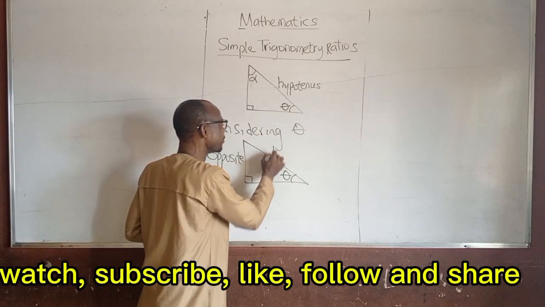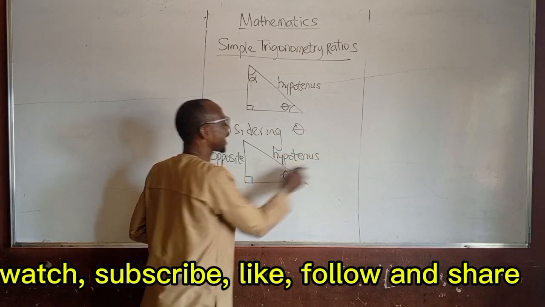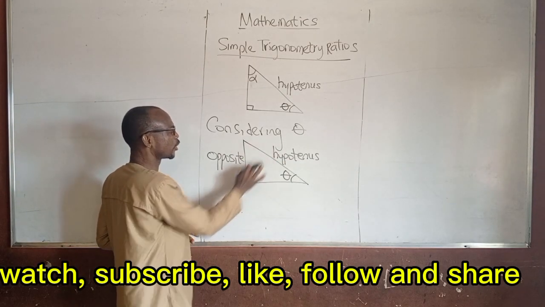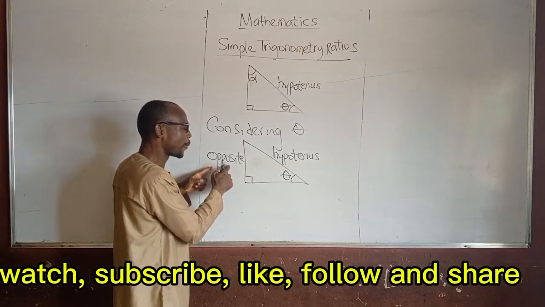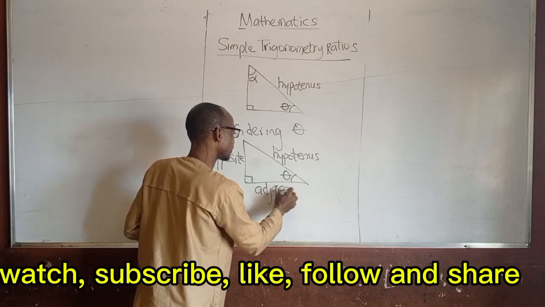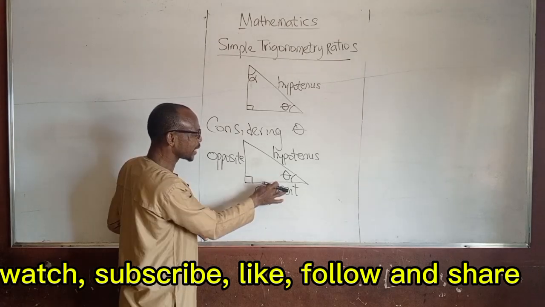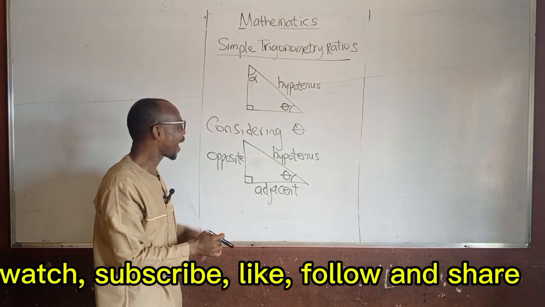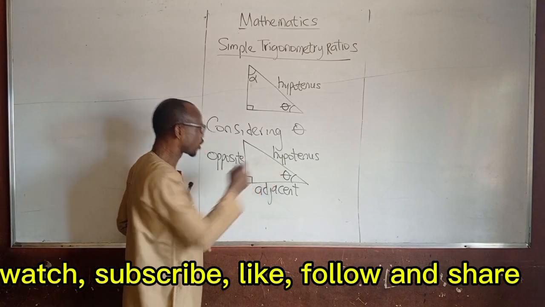And this side still remain hypotenuse. The hypotenuse side no dey change. It must always be the side where they face the 90 degree. And because this side now opposite, this side now will become adjacent. So the adjacent na the side when they adjacent to the angle we dey consider, while the opposite side na the side when they opposite to the angle we dey consider.